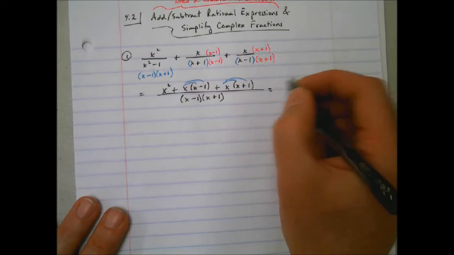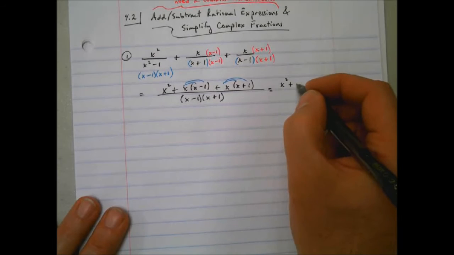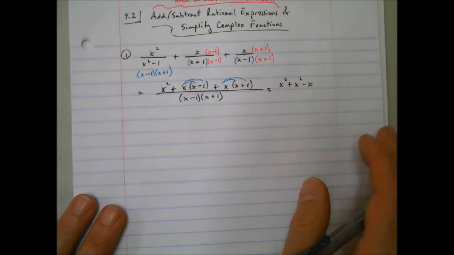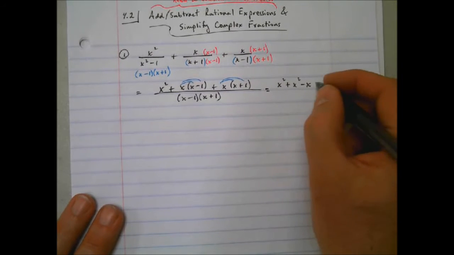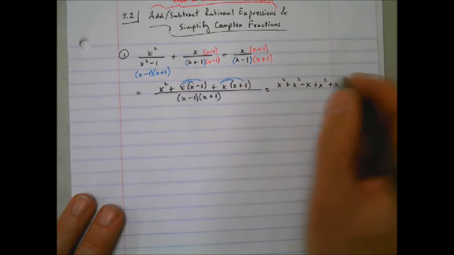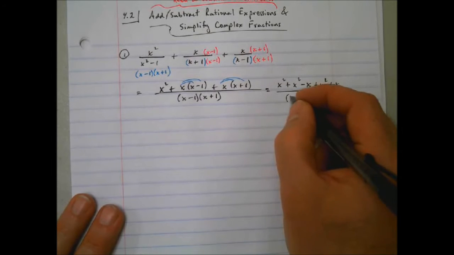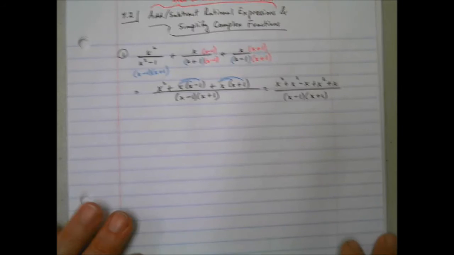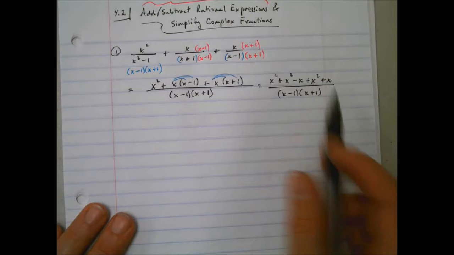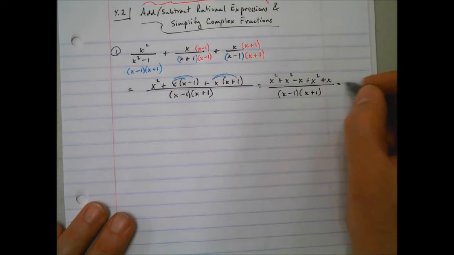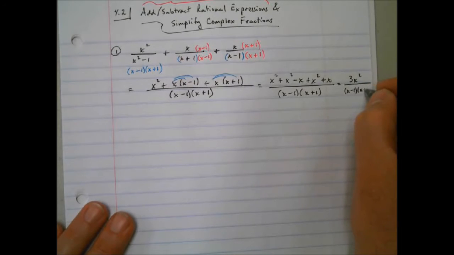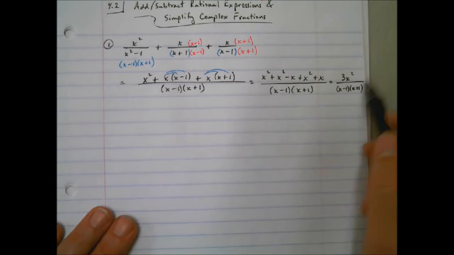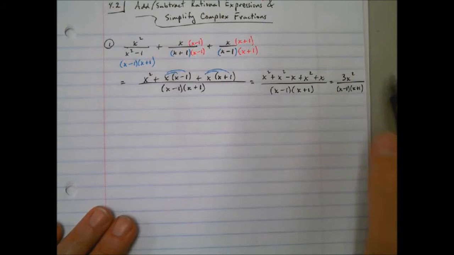So we have x squared plus x squared minus x plus x squared plus x, all over x minus 1 times x plus 1. Combining like terms, we can see that we get 3x squared over x minus 1 times x plus 1, and that does not simplify anymore.